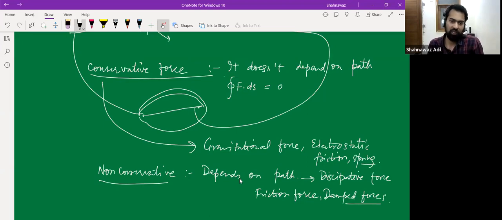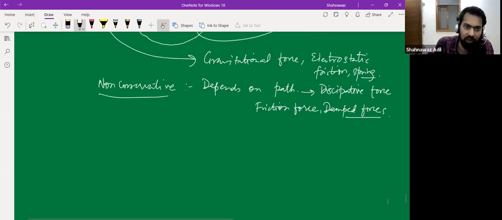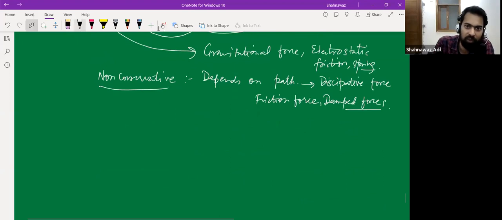So these are the non-conservative forces, right? And let me give you an example of the conservative force. So we have what? Potential energy, right?